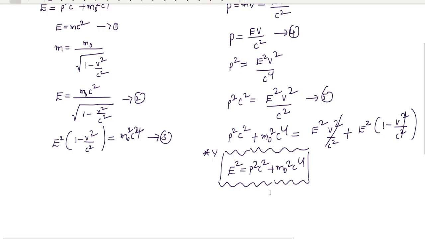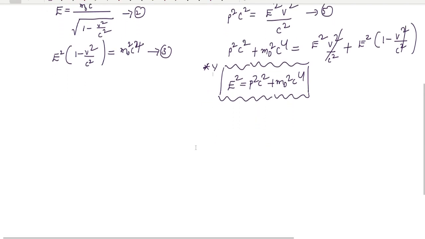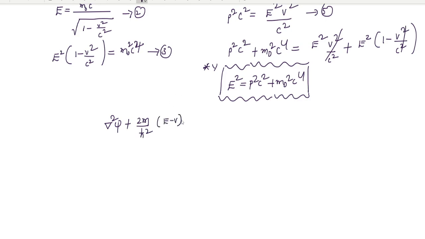The equation is the Schrodinger equation: d square psi plus 2m divided by h cross square times E minus V times the wave function psi equals 0, or else we can write it like this, H psi equals E psi.